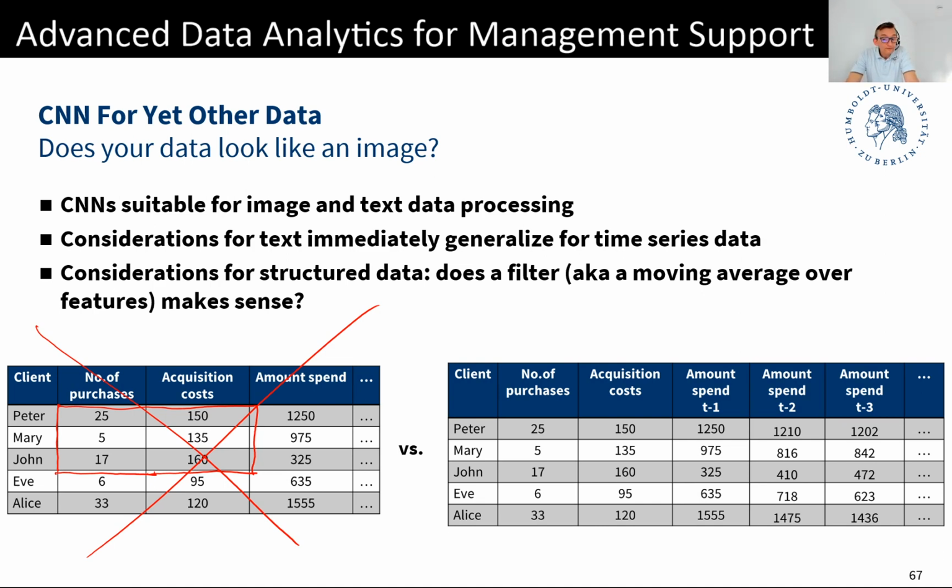So in the right example, I'm introducing a temporal feature: amount spent, previous period, period before that, t minus 3. So now I have a heterogeneous data set where some features have a history. That's not uncommon at all.